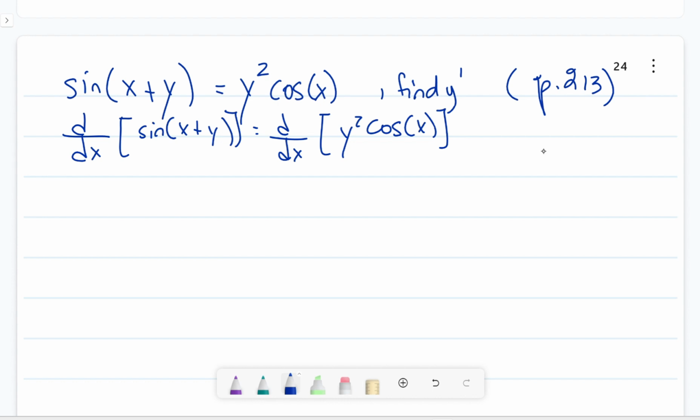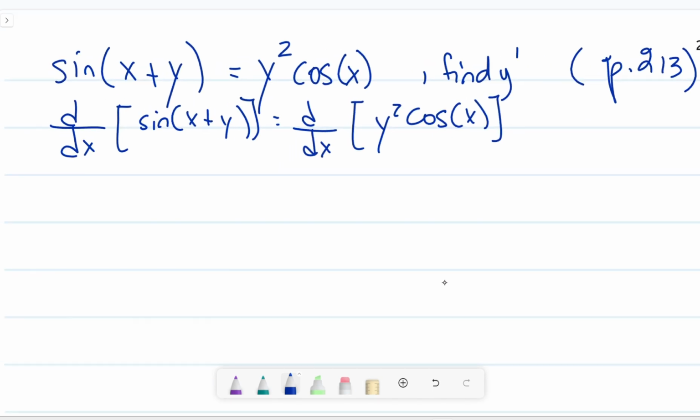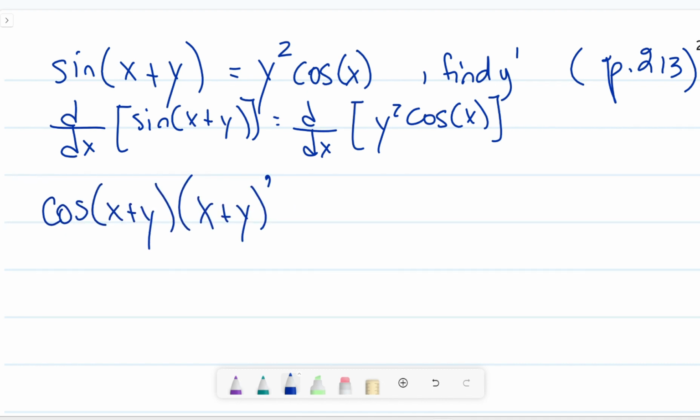So, first of all, as I already said before, we take the derivative on both sides. Let's start with the left side, the derivative of sine of (x plus y). First of all, this is the chain rule, so I take the derivative of what's outside. The derivative of sine is cos. I evaluate this derivative at what is inside, so at x plus y, and then I take the derivative of x plus y.